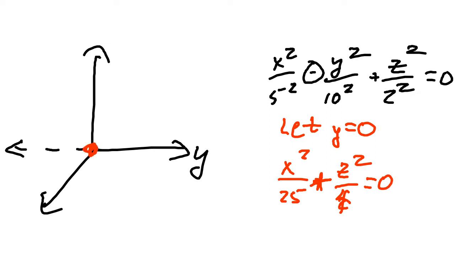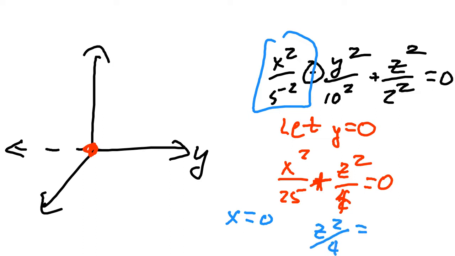So now let's do something else. Let's let x equal 0. If x equals 0, then I've got minus y squared over 100 plus z squared over 4, or in other words, z squared over 4 equals y squared over 100. Then I can take the square root of both sides. Multiply by 4 on both sides first, and that's going to end up being y squared over 25.